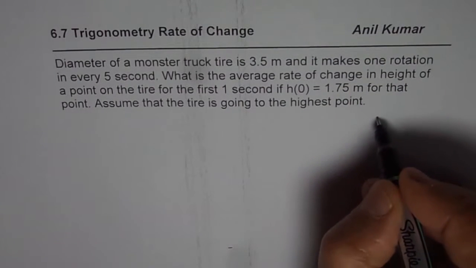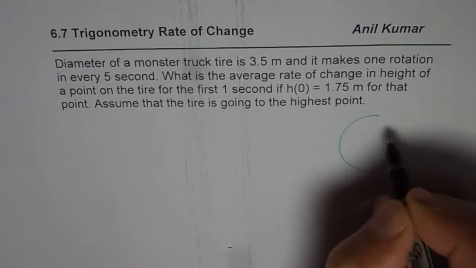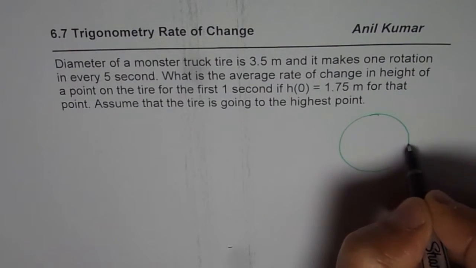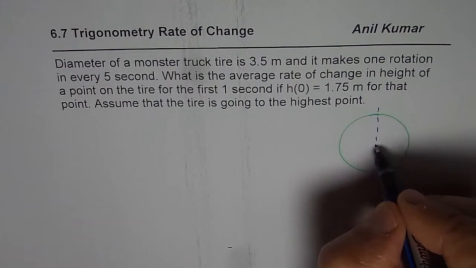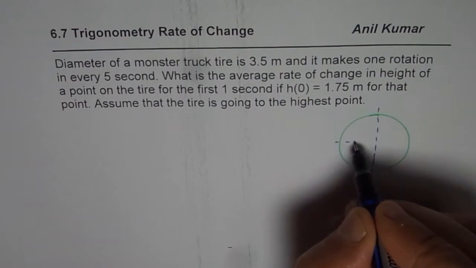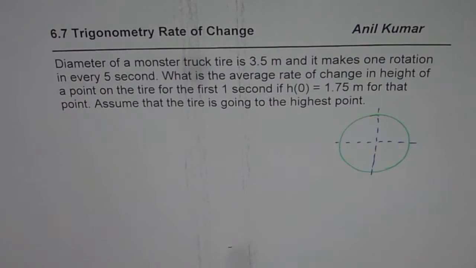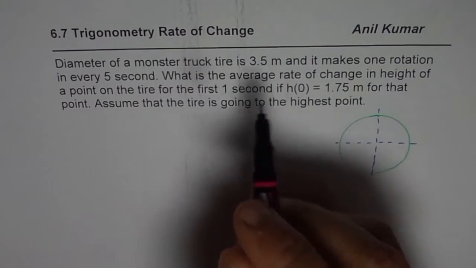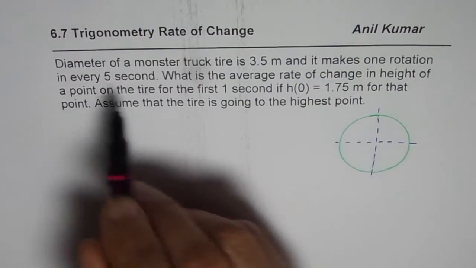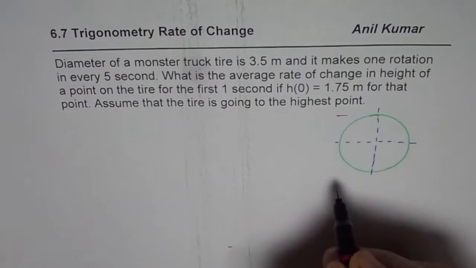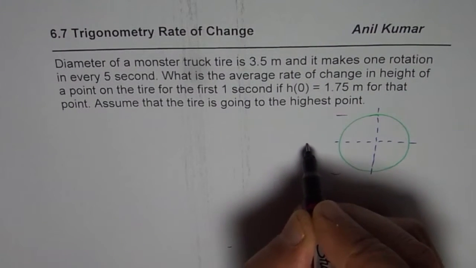Okay, so in this case, let us consider that this is the monster tire which we are talking about. Let me make some guidelines. What we know about this tire is that its diameter is 3.5 meters.